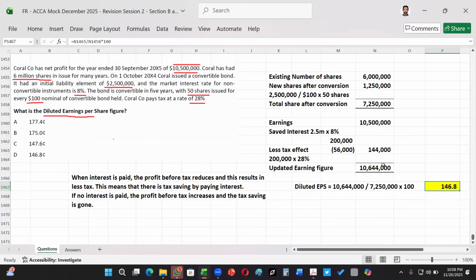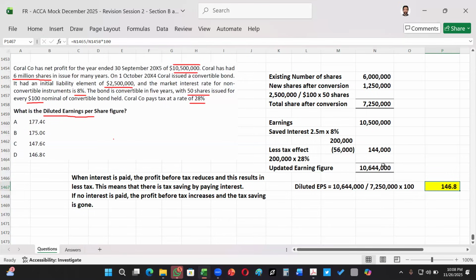So we start off with what we have at the moment, then the new shares we're going to have, then we have the new figure for the shares, and we also adjust the earnings, because when we're not converting, we're not going to pay interest, so there's a saving of interest and tax. We add it to our earnings and then we calculate the EPS.